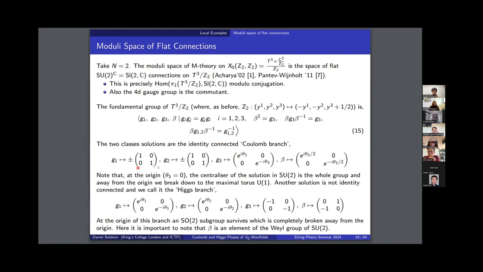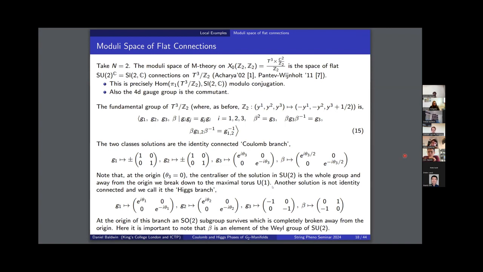All the matrices are diagonal, and there's a single parameter, θ3. At the origin of this branch, all of SU2 commutes with these matrices, because everything's just the identity. But at a generic point on the branch, only a U1 subgroup commutes with these matrices. So this will be the gauge group at the different points on this branch.